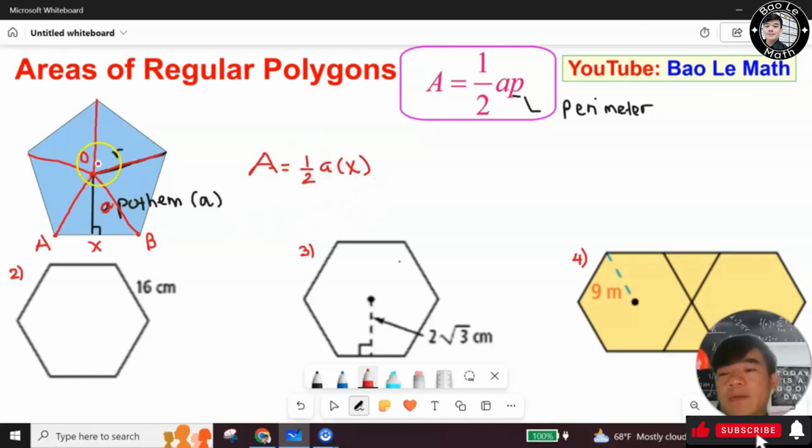Now since the 5 triangles are congruent, in order to calculate the area of the whole regular polygon, I just multiply both sides by 5. So 5 times A1 right here is the area of the regular polygon.